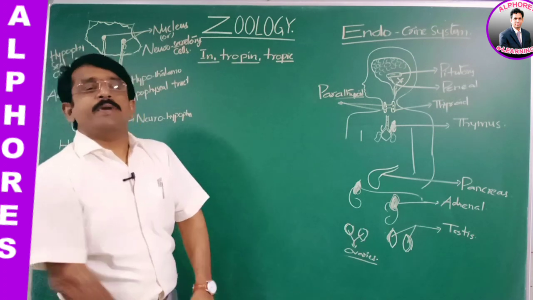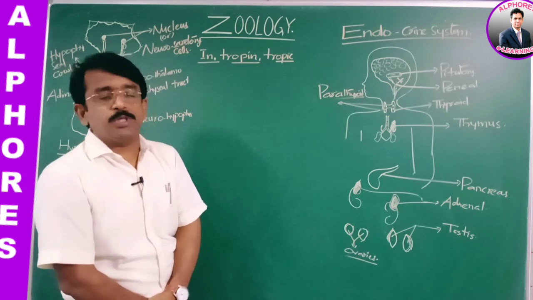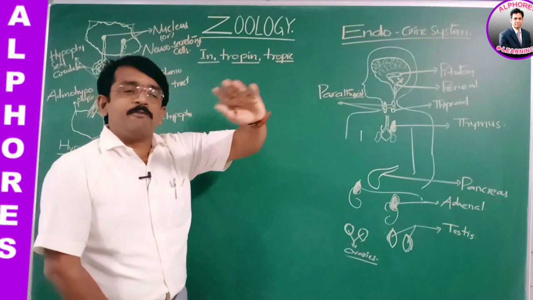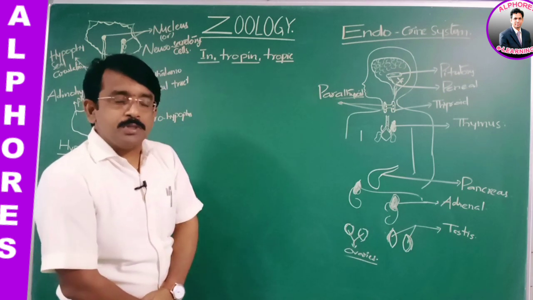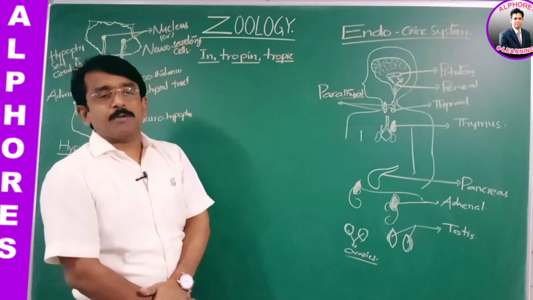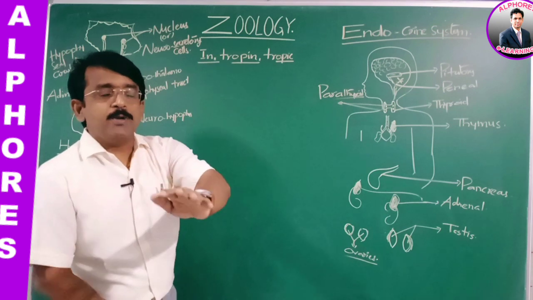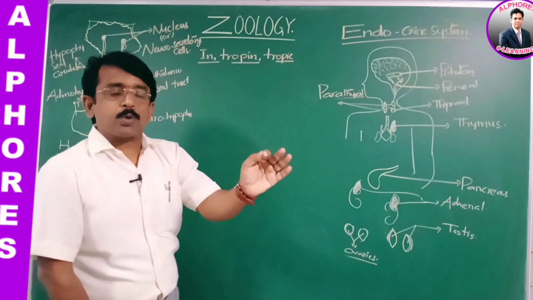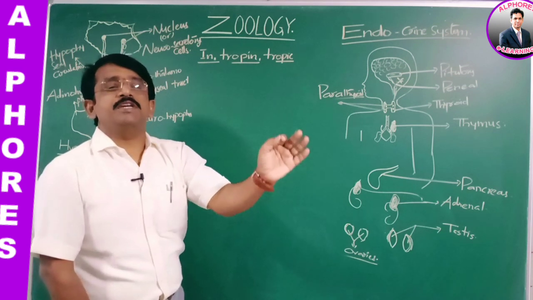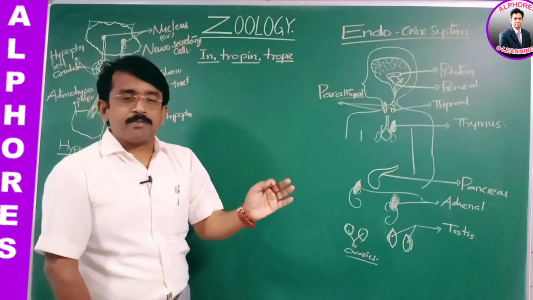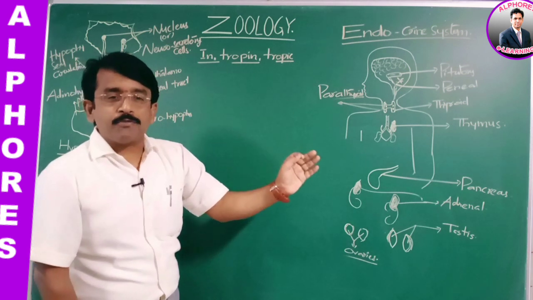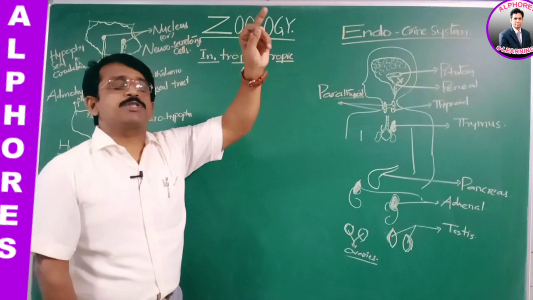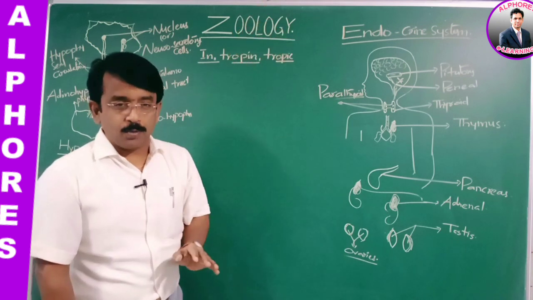Generally the tropic hormone implies the hormones which influence the other glands to secrete their hormones. For suppose adrenocorticotropic hormone, ACTH, secreted from the adenohypophysis, which stimulates the adrenal cortex to secrete its corticoid hormone.